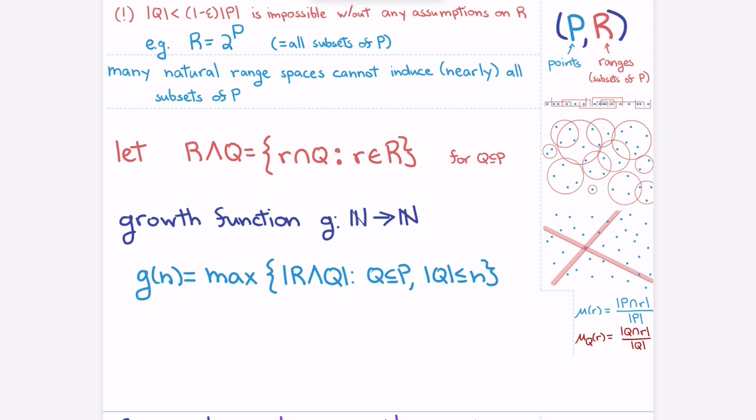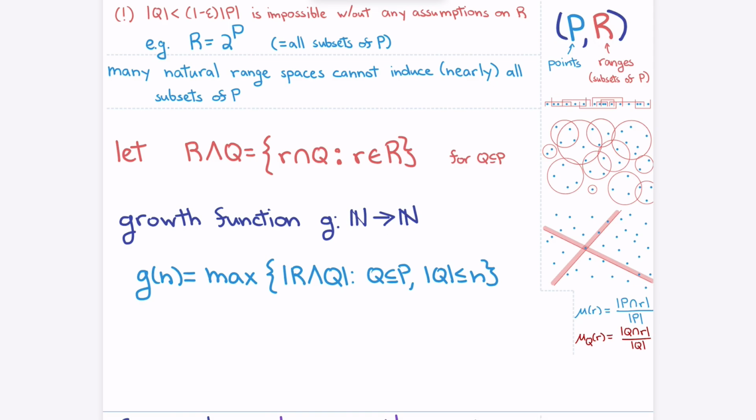So relatively simple, well-behaved natural shapes might have growth functions that are much better than 2 to the n. 2 to the n is all possible subsets. So most of what we'll do today is focused on what happens when G is a polynomial in n, some kind of lower complexity than usual.